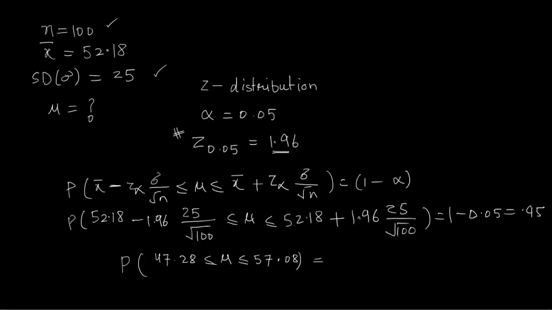So this is in 0.95. And how do you conclude that? The probability that the population mean is going to be between 47.28 and 57.08 is 0.95, or there is a 95% chance that if I randomly pick a student, then his average marks are going to be between 47.28 and 57.08.